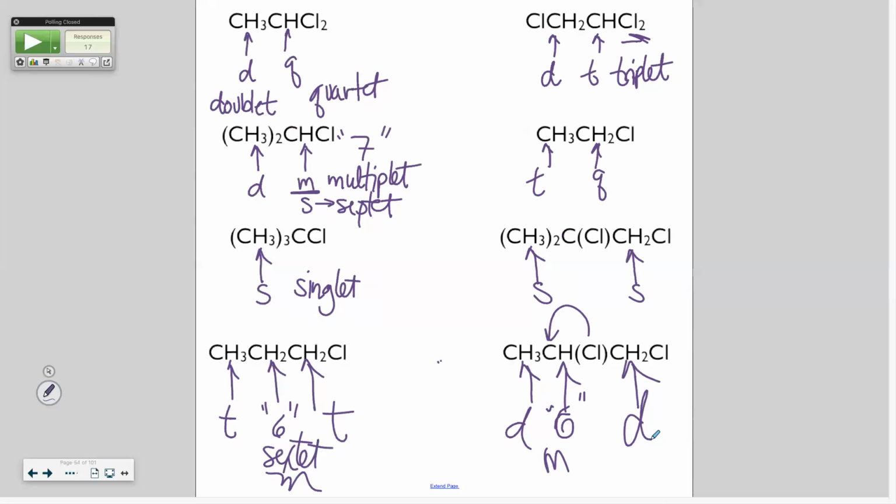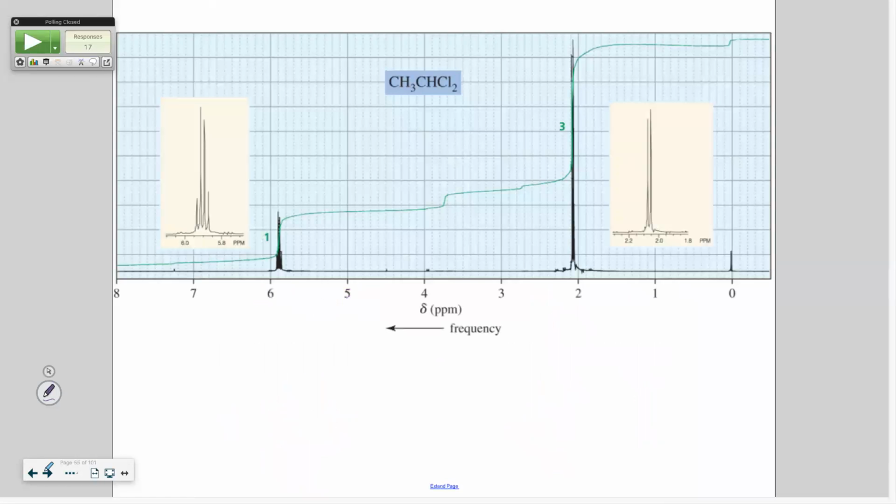Now we're going to look at a spectrum. All right, so here's a spectrum of CH3CHCl2. Was that one of the ones on the other slide? Okay, so we have 2 kinds of hydrogen. The CH3 has 1 neighbor, so it should be a doublet. If you look at the peaks on the spectrum, you'll see that they look messy.